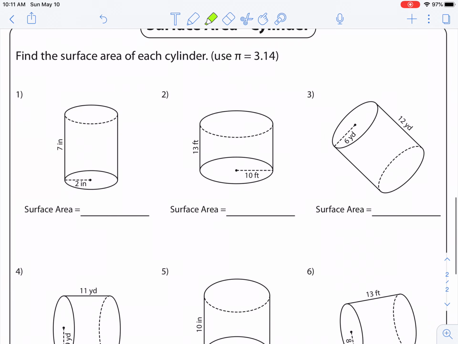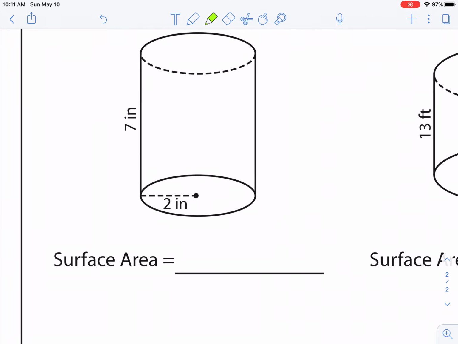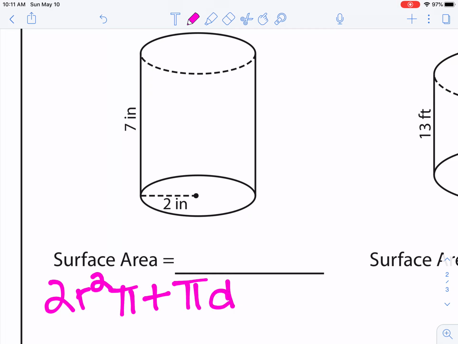We're going to be looking at this worksheet, and we're going to look at number 1 together. So that formula is 2 times the radius squared times pi plus pi times the diameter times the height. So we know the radius is 2.